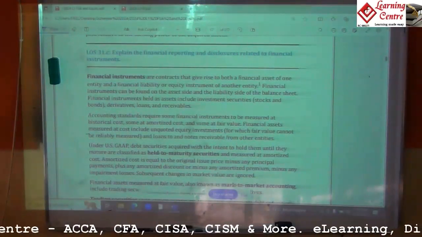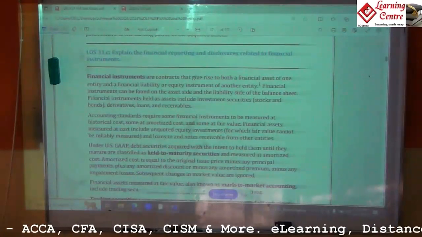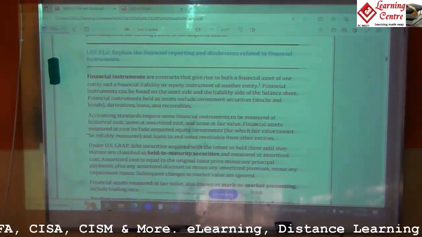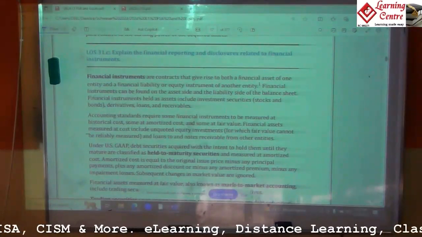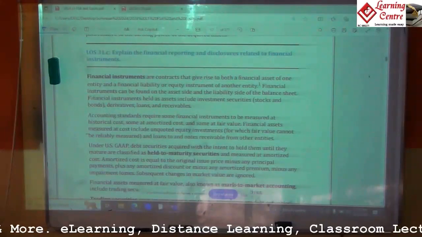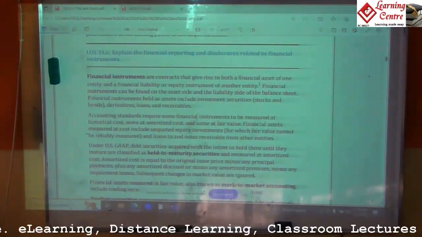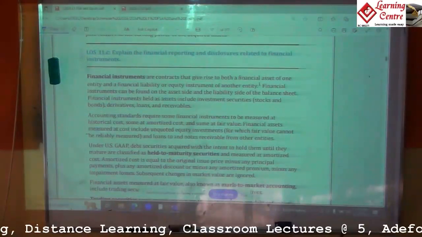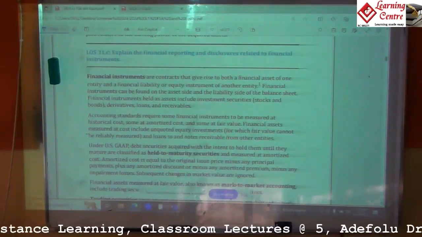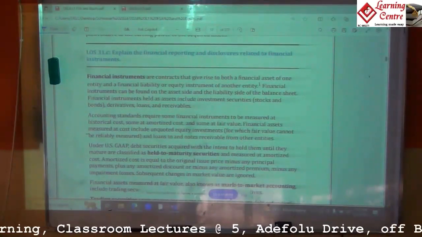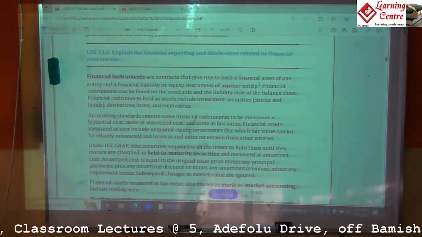So how does IFRS report it? IFRS uses the cost or revaluation model.